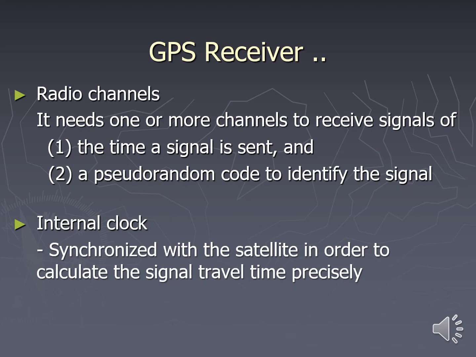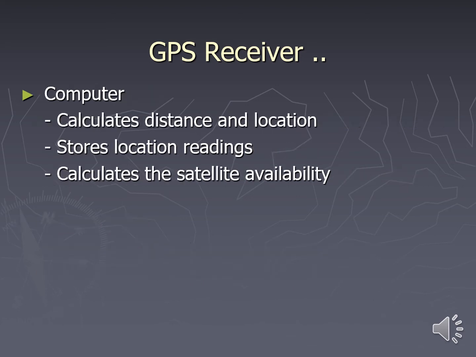It's simply an identifier that gives the unique identification of the satellite. And the internal clock is synchronized with the satellite in order to calculate the signal travel time precisely. You don't want any error in the time sent or the time received, because any single error within that synchronized clock is going to skew the distance and the location of the receiver.